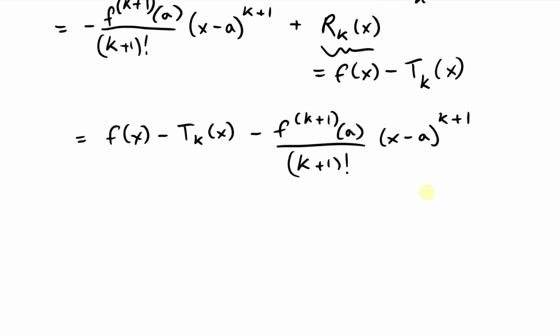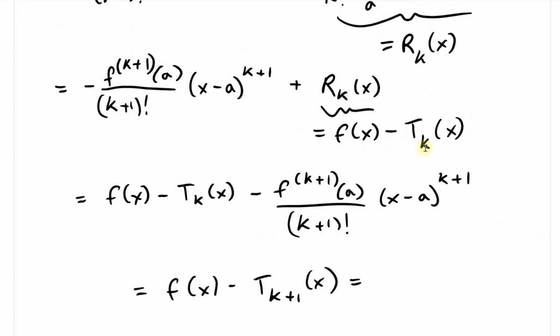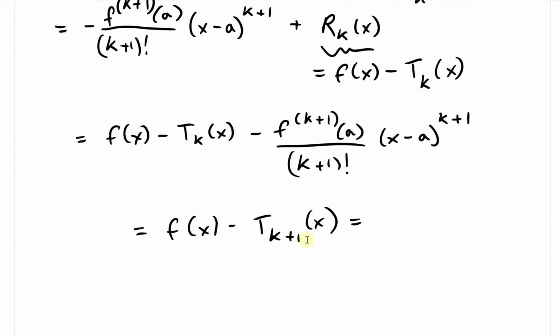This is just a Taylor series term. So this combines into f of x minus t k plus 1 of x. Because remember, r k of x equals f of x minus t k of x, so now this f of x minus t k plus 1 of x just equals r k plus 1 of x, like that.